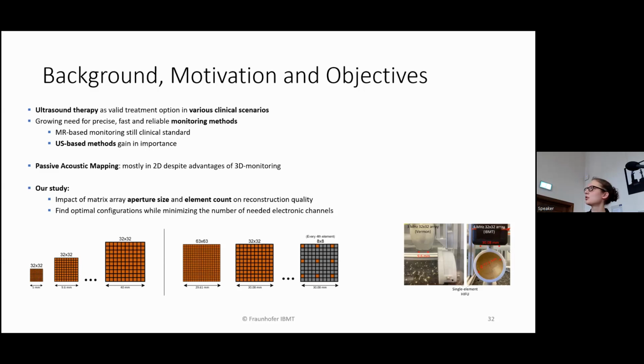In addition to the numerical part, we also were able to acquire cavitation signals experimentally with 2 different matrix arrays that have different aperture sizes. So the aim was to find optimal configurations while minimizing the number of needed electronic channels.